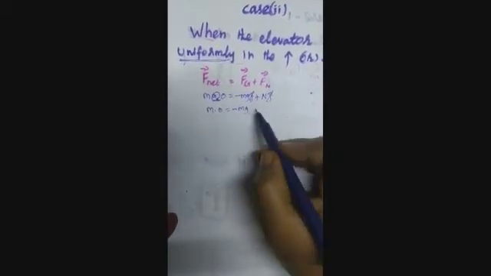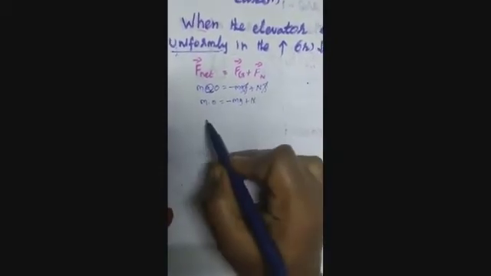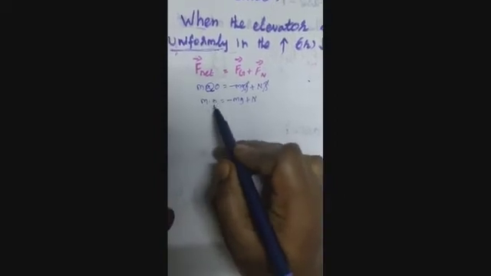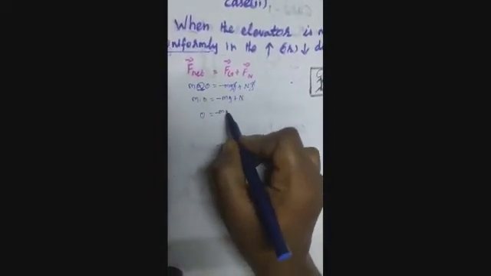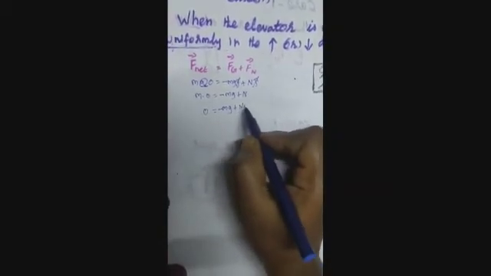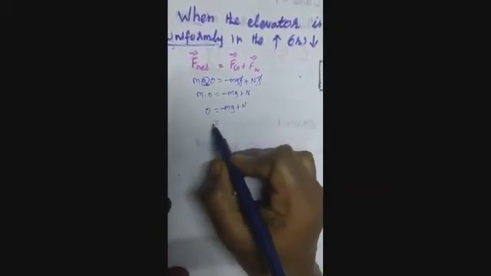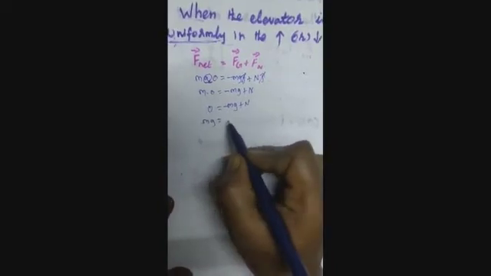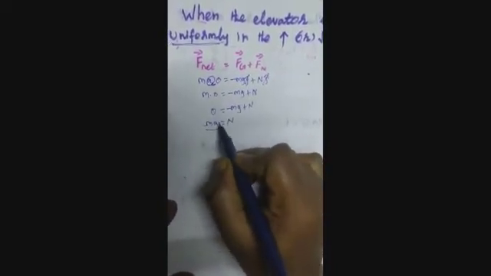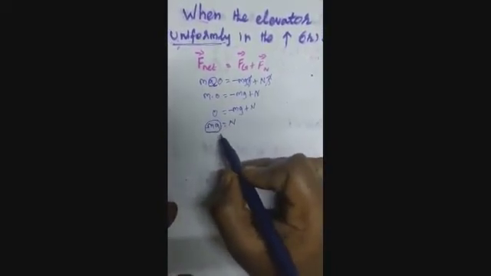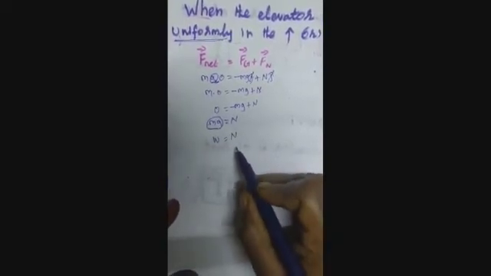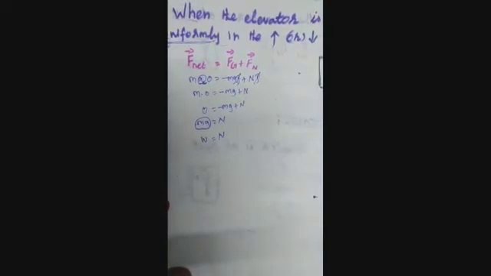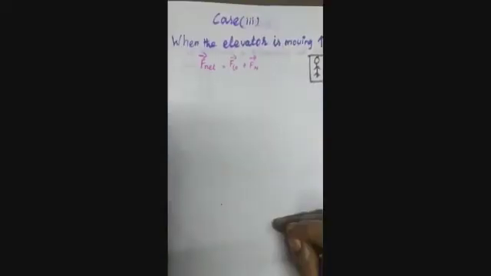This term becomes 0, so 0 is equal to minus mg plus N. Rearranging, mg is equal to N, and mg is the weight W, so W is equal to N. So the apparent weight of the man is equal to his actual weight in this case.